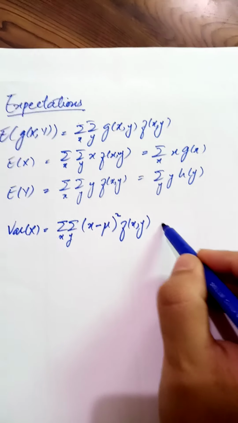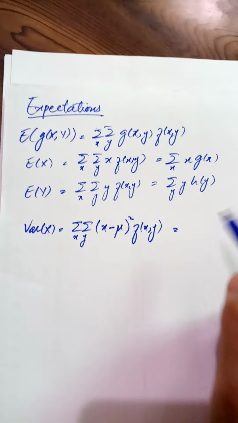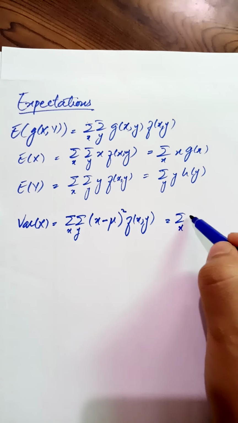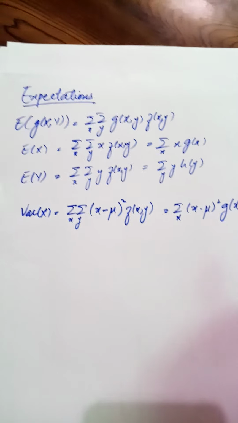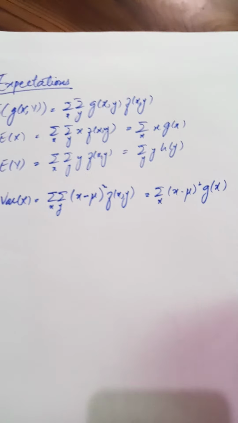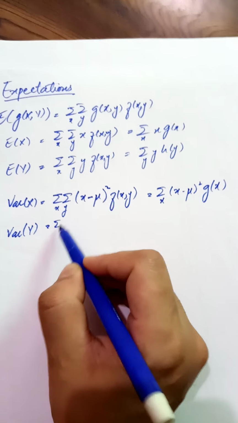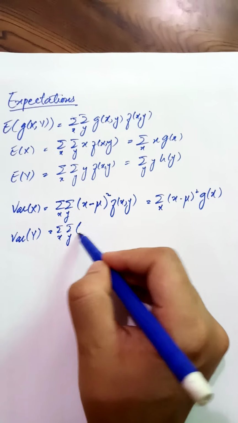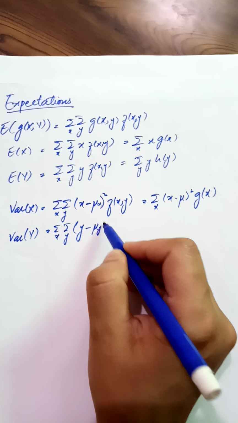We can simplify it: if we are using marginal density, we can write it as x minus mu squared into g of x. So it's simple, as we have practiced before. If we want to calculate variance of y, it would again be summation over x and summation over y of y minus mu of y, squared.